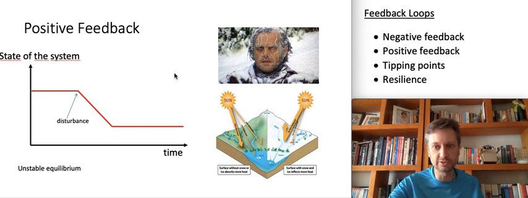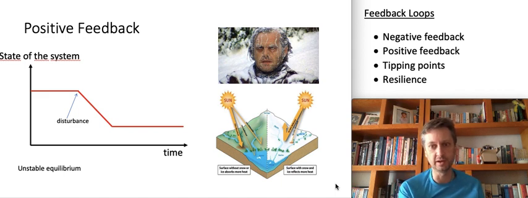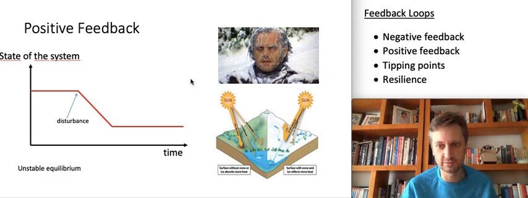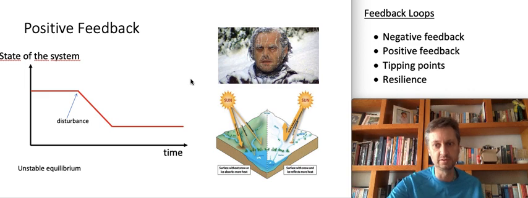The example we normally use in environmental systems, I've mentioned it before, is something called the albedo effect. There are quite a few positive feedback mechanisms involved in climate change, which we'll talk about when we get to that section. But a really often used example of positive feedback is the idea that the Earth is at a certain set point temperature globally, or average global temperature.